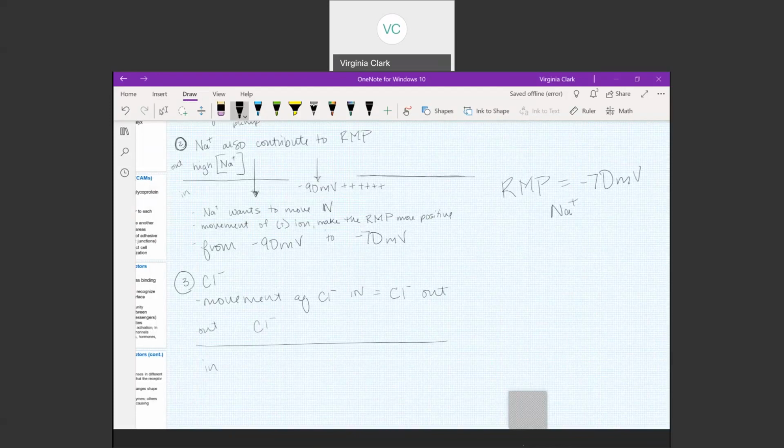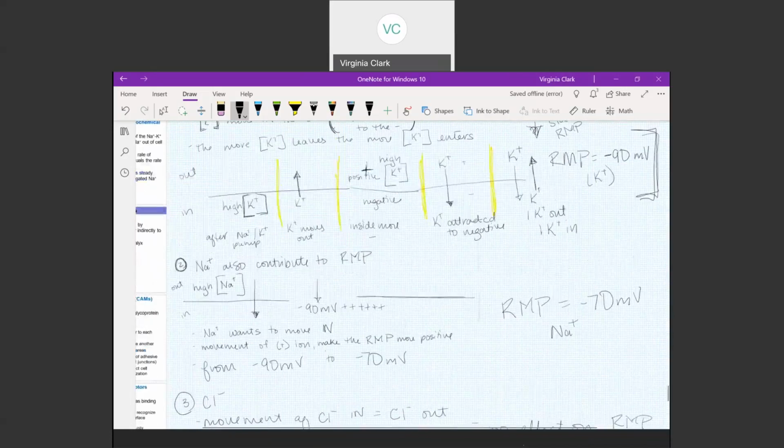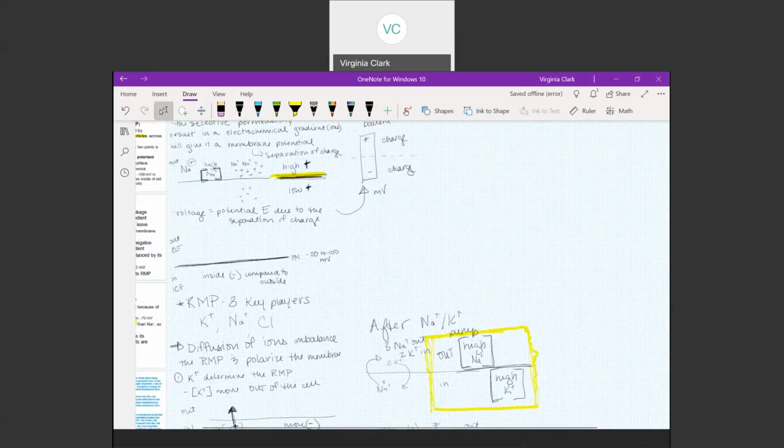We're going to do chloride in for every chloride out. So that means there is no effect on the resting membrane potential due to chloride. So we have sodium, potassium, and chloride. All of these are going to be involved in the resting membrane potential.